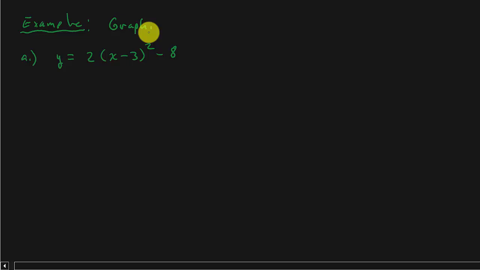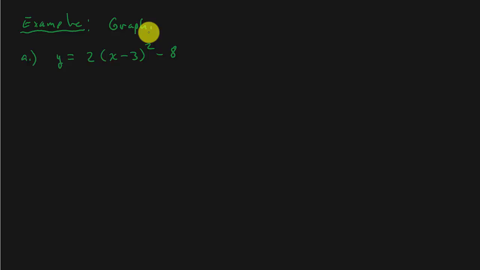Okay, and that's how we're going to graph these things. We're going to find the vertex. That's the first thing that you always want to do. You always want to find that vertex first. Okay, find the vertex, and then find your x and y intercepts, and then sketch the graph.